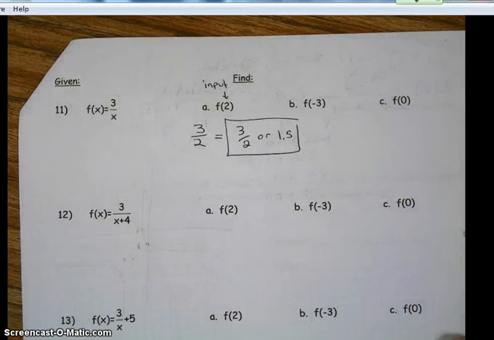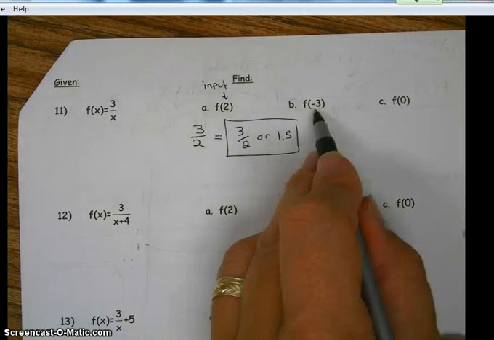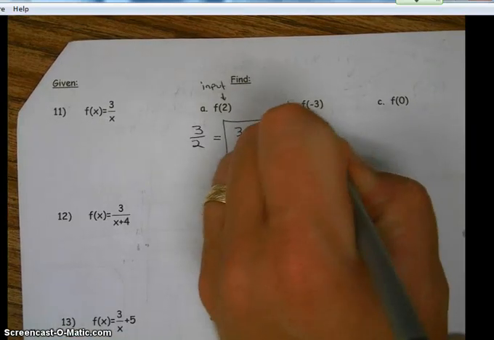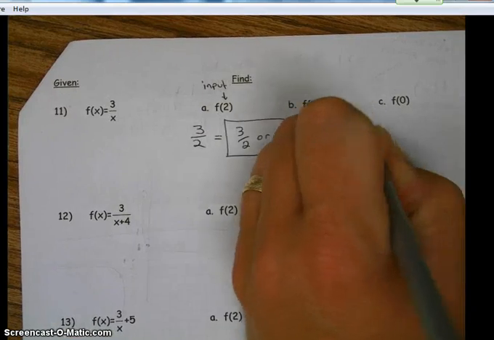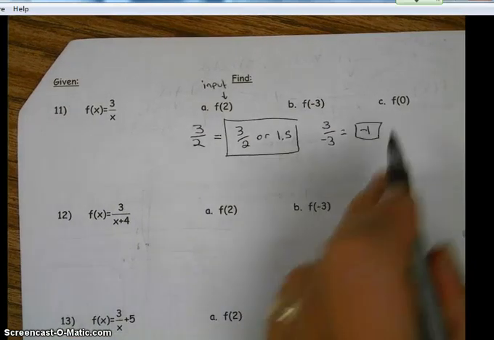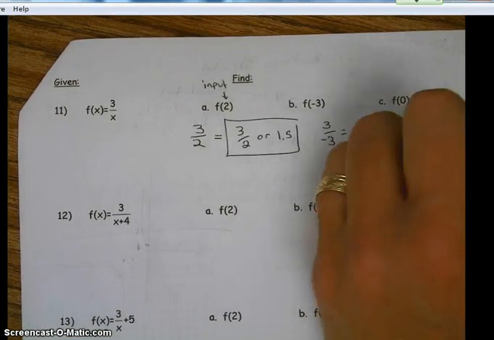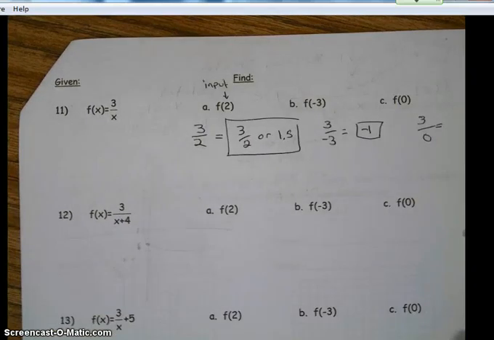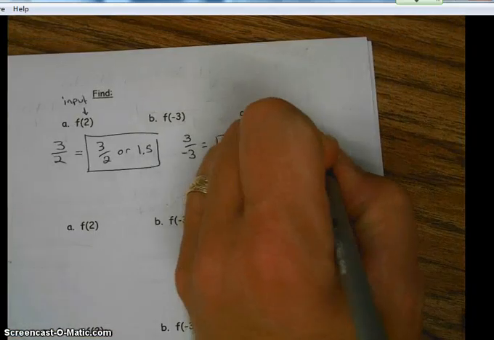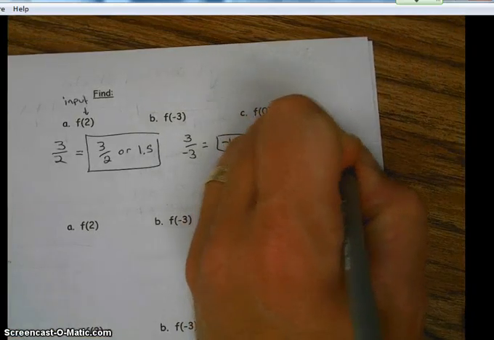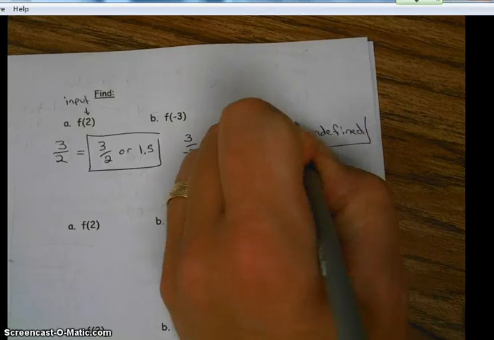And that's how you do that. Let's do one more. Let's plug -3 in. We'd have 3 over -3, which is -1. And finally 0. Plugging 0 in, we'd have 3 over 0, which you cannot divide by 0, so we say this is undefined.